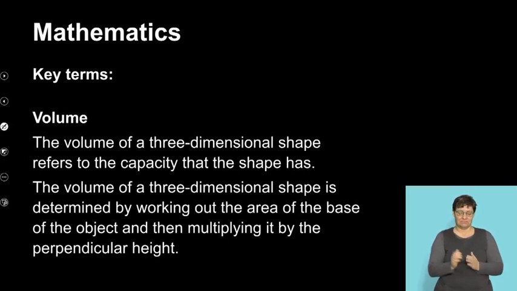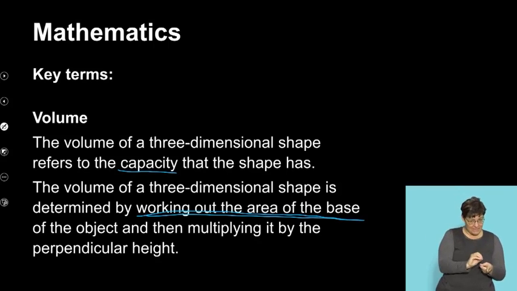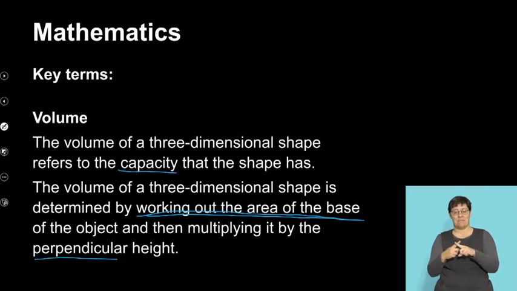So let us define volume. The volume of a three-dimensional shape refers to the capacity that the shape has. The volume of a three-dimensional shape is determined by working out the area of the base. And once we have the area of the base of the object, we then multiply it by the perpendicular height.